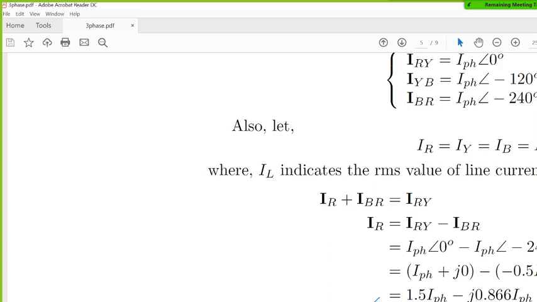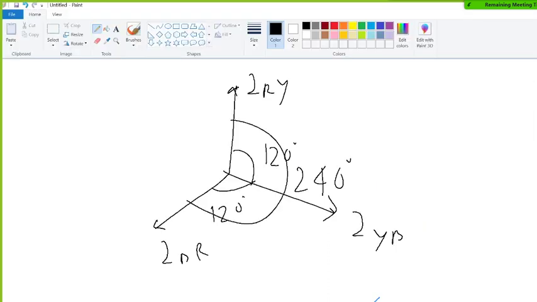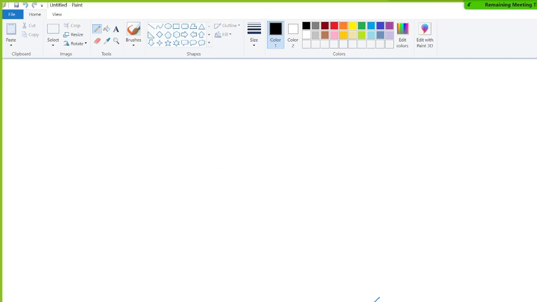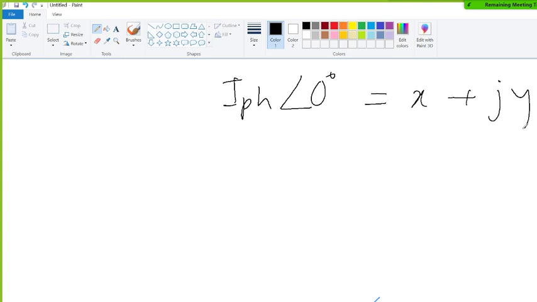That conversion. Okay. What was the conversion? I phase at 0 degree is equal to some x plus jy.